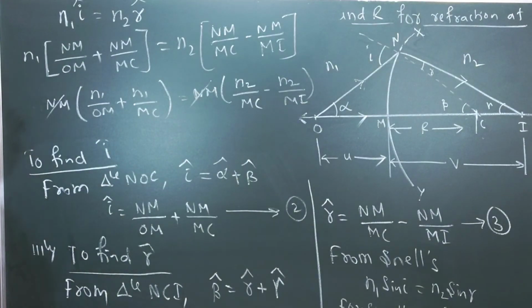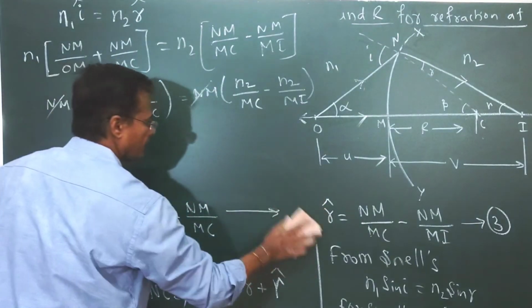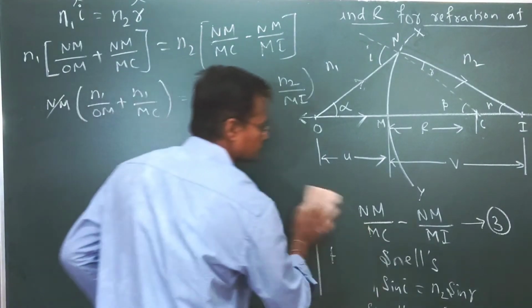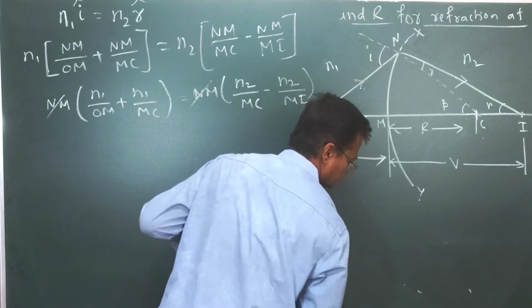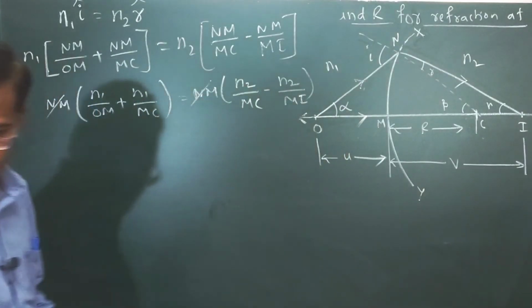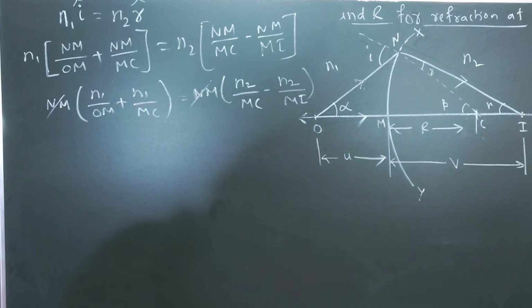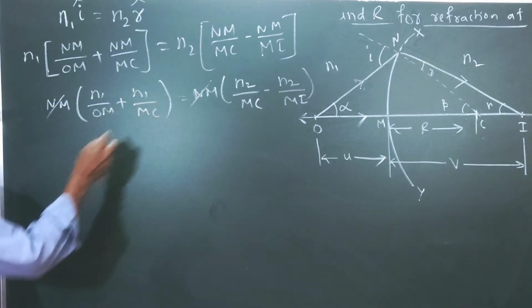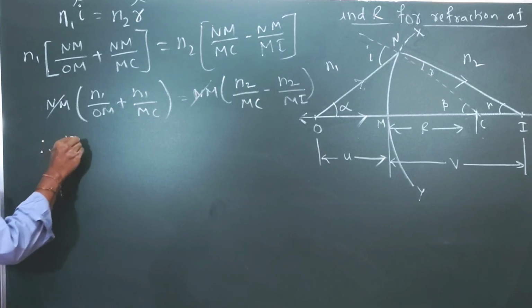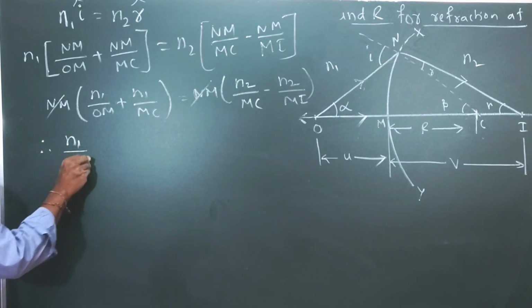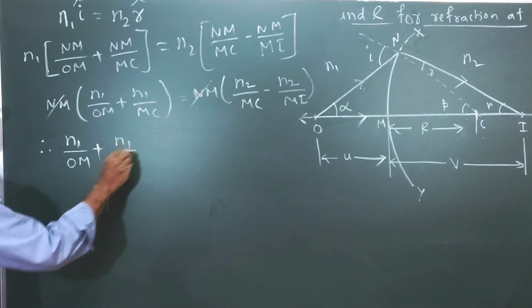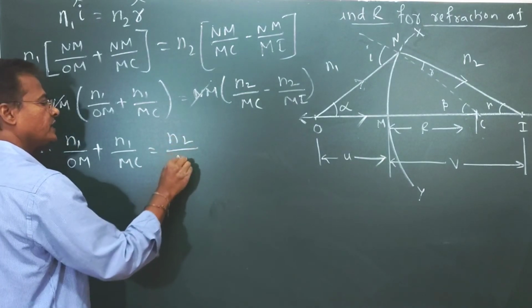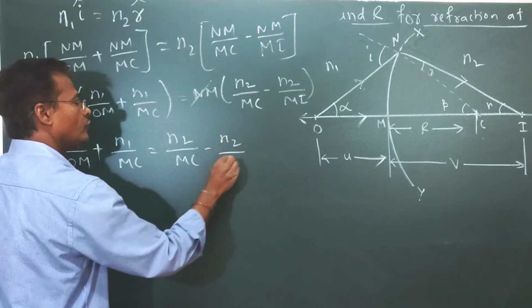NM cancels. Therefore, N1 by OM plus N1 by MC equals N2 by MC minus N2 by MI. This is equation 4.